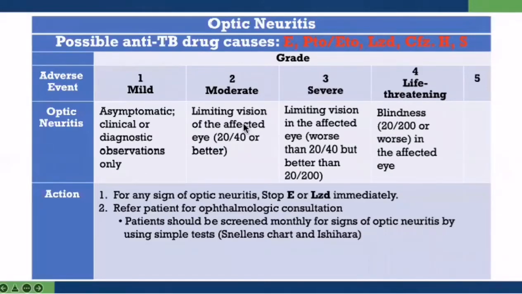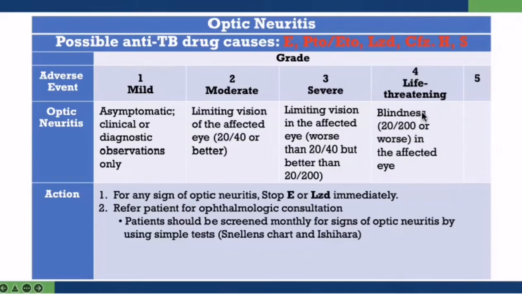So if you have patients with limited vision in the affected eye, like 20/40 on Snellen's, that can be considered as moderate. If there's already blindness, 20/200 or worse in the affected eye, that's life-threatening.